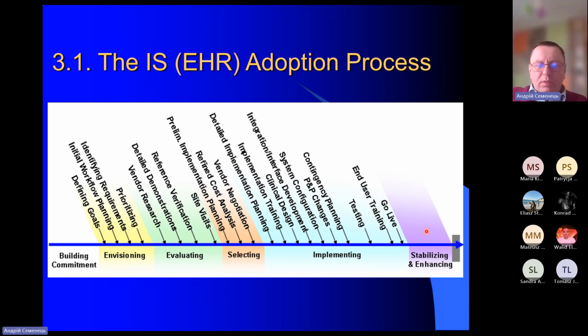Of course, we have some kind of timeline, some kind of workflow, which should be followed in order to get successful implementation, like have some vision, make some evaluation, make a choice among available solutions, then pass through the implementation process, including quality assurance testing and user training, which is extremely essential, and then go live, and then again we will have questions related to maintenance, support, upgrades, updates, and so on.